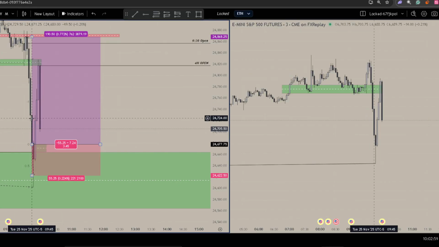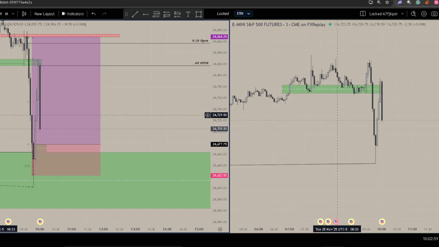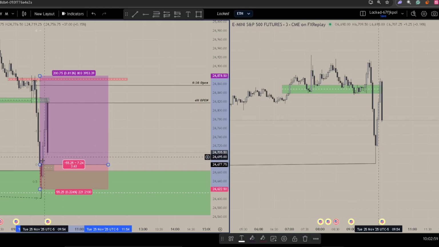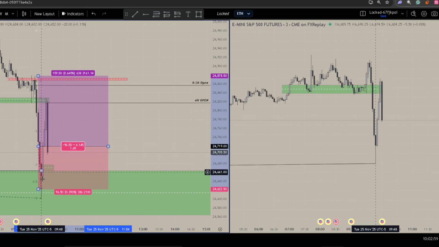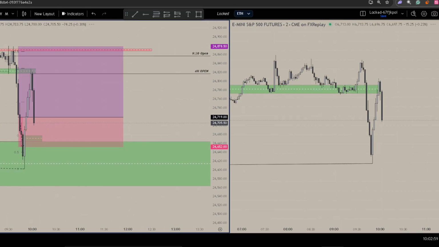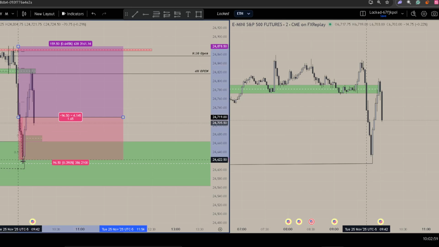The highest time frame would be the 3-minute. Let me see. I just don't really like that RR though, to be honest. Like it would be 2 to... Okay, that's not bad. Boom.